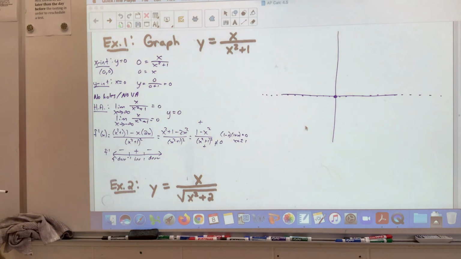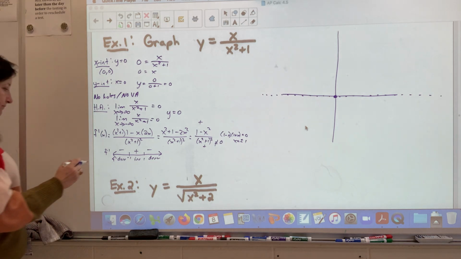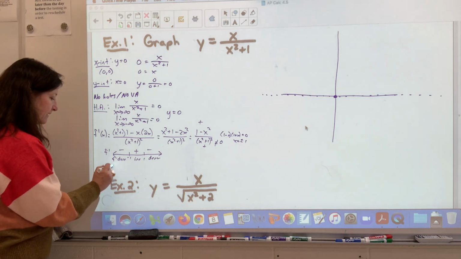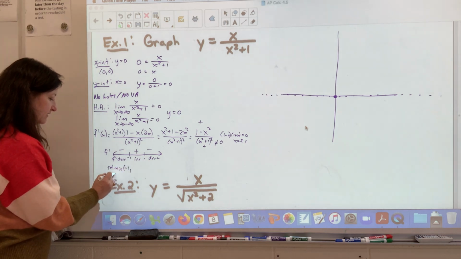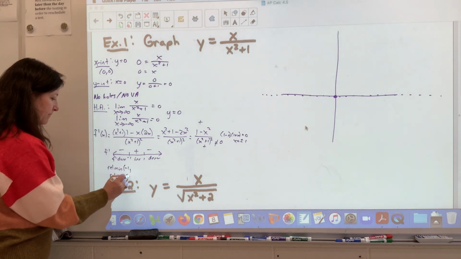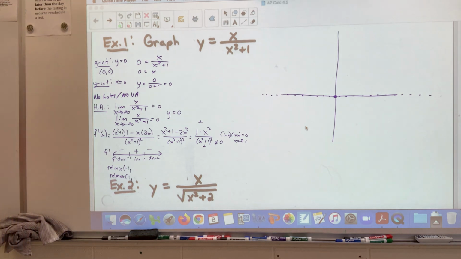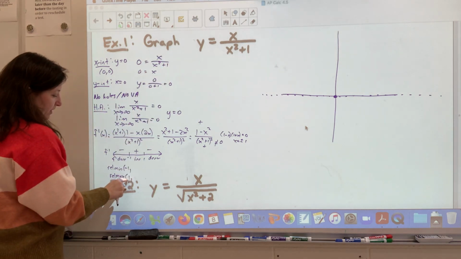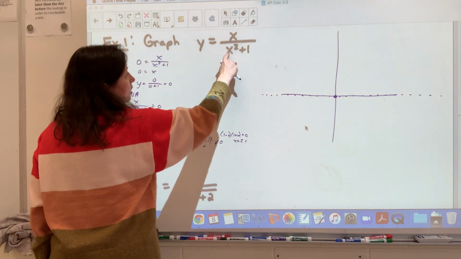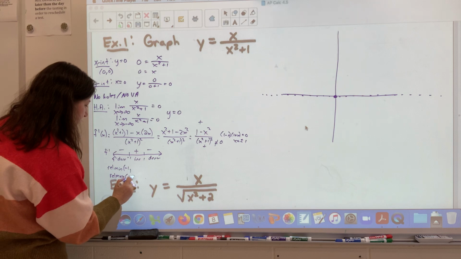So do I have any max or mins? I have a relative min at -1. I have a relative max at +1. How do I get the y coordinate that goes along with the x coordinate? I plug these back into the original. So if I plug +1 in, I get 1 over 2, so 1/2.